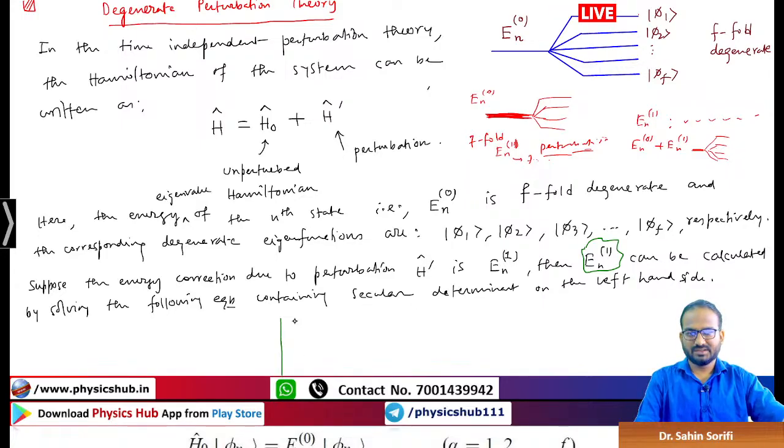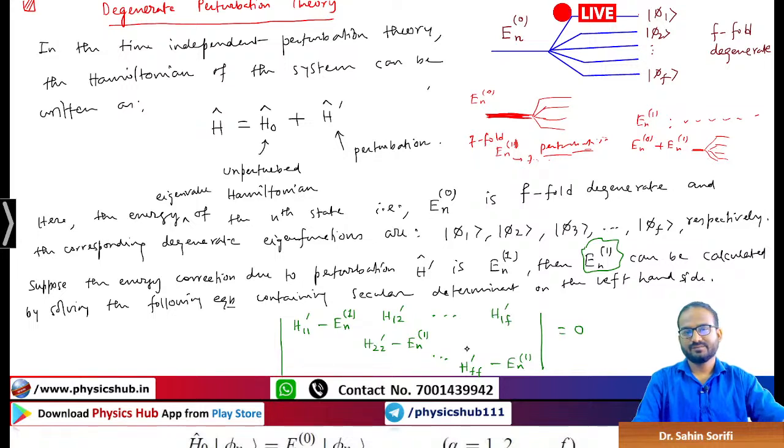It will be written in matrix form: H11 prime minus En1. So En1 is the eigenvalue. H22 prime minus En1, and it will go on finally to HFF. So it will be an F by F matrix. Follow the other one: H11 prime, H12 prime, H13 prime and so on, up to H1F prime.